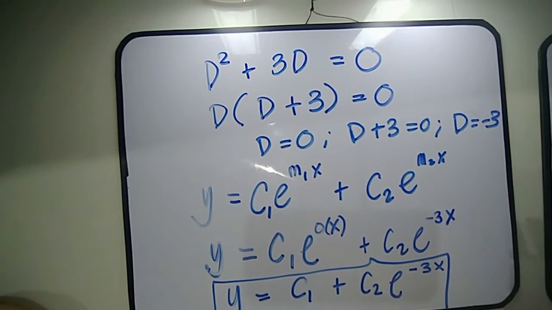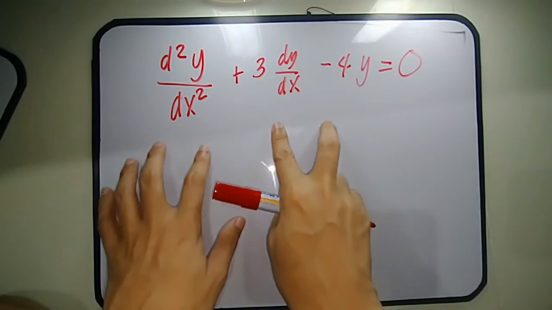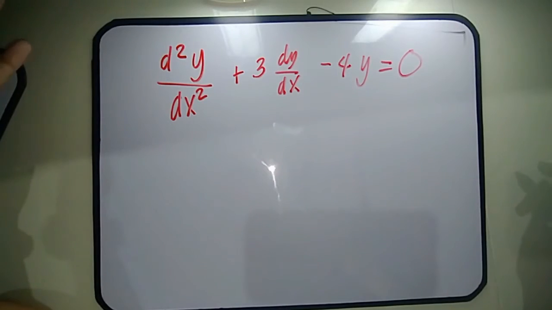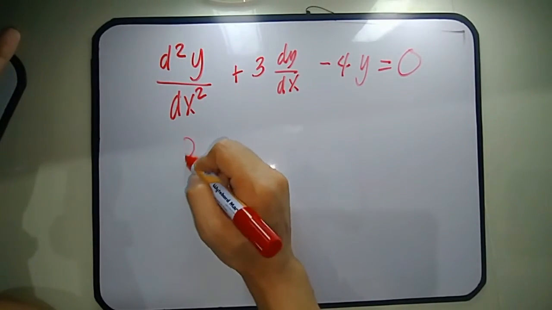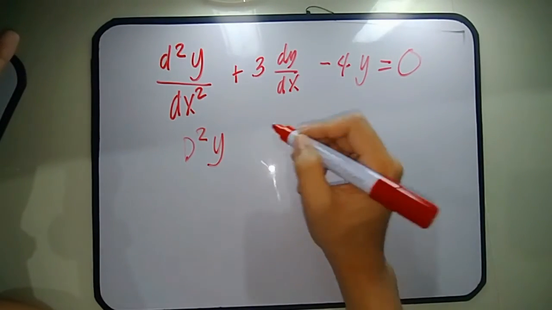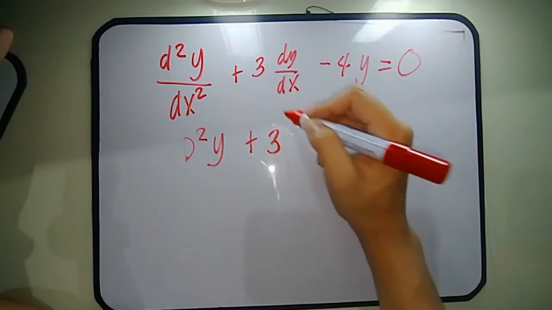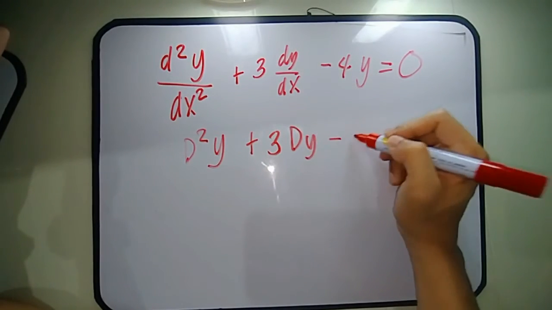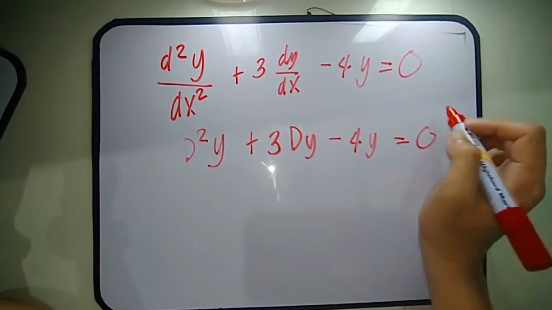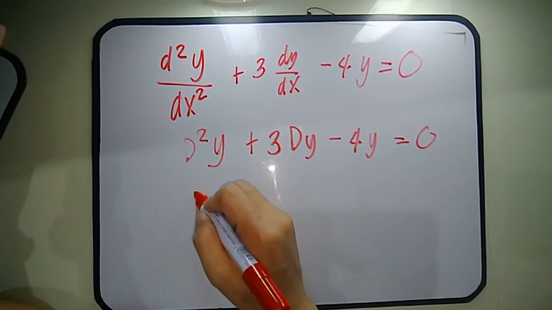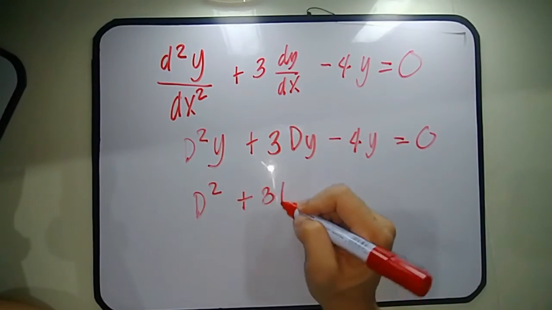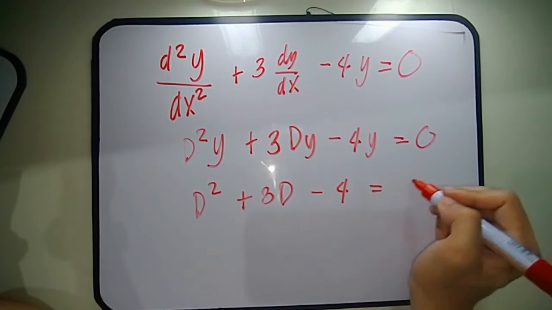So let's solve another problem wherein we use our differential operator. So this will become d squared y plus 3 dy minus 4 y equals 0. So divide both sides by y. We have here d squared plus 3d minus 4 equals 0.